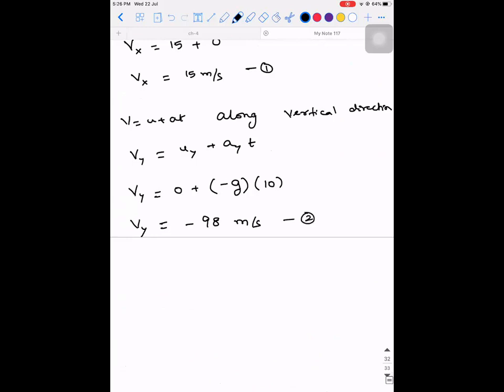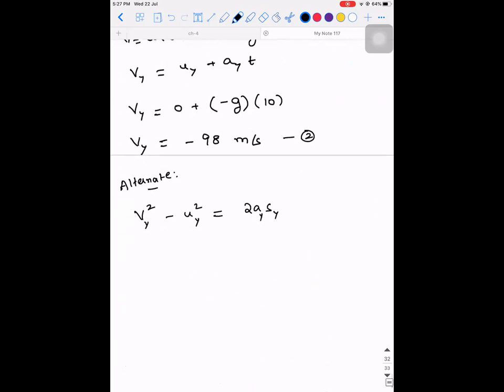So this is equation 2. The alternate way to solve this is applying v square minus u square is equal to 2as along y direction also. Vy square minus uy square, which is 0, is equal to 2 into the acceleration along y direction, minus 9.8, and the displacement along y direction is 490 with a negative sign, because it is downward.